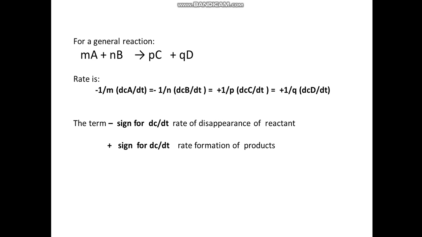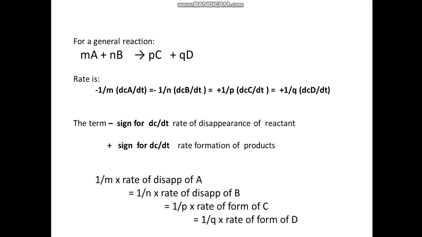The minus stands for the rate of disappearance and the plus stands for the rate of formation. So we can say 1 by M into the rate of disappearance of A is equal to 1 by N into the rate of disappearance of B, equal to 1 by P into the rate of formation of C, equal to 1 by Q into the rate of formation of D.